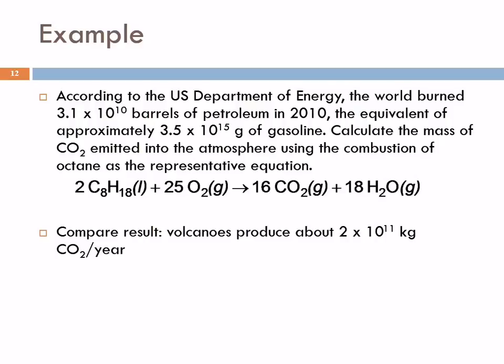There's a lot of uncertainty. But it's a ballpark number, and it'll give us an idea. So another assumption that we're making here is we're going to use the combustion of octane. We're going to assume that it was all octane and calculate it that way. So this is going to be a real rough calculation.